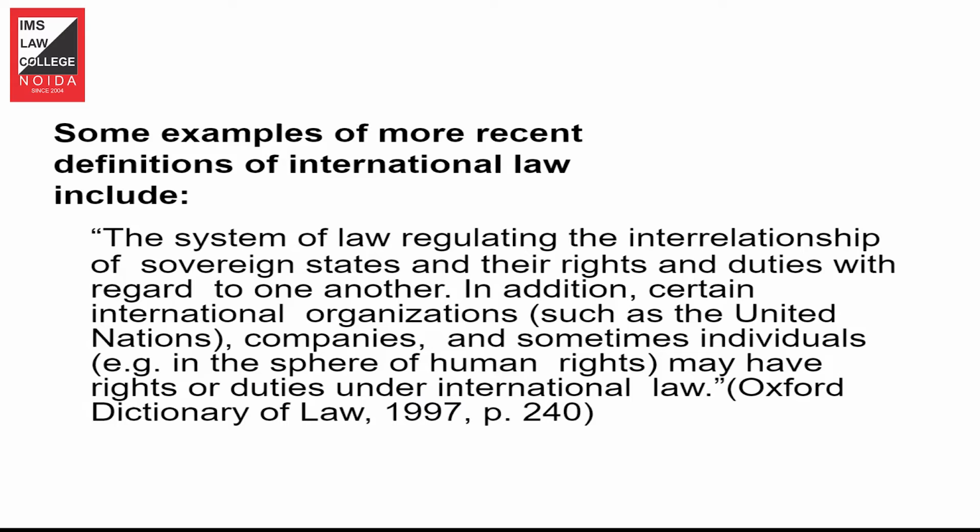In addition, certain international organizations such as the United Nations, companies, and sometimes individuals, that is, in the sphere of human rights, may have rights or duties under international law. This definition is given in the Oxford Dictionary of Law, 1997, at page number 240.